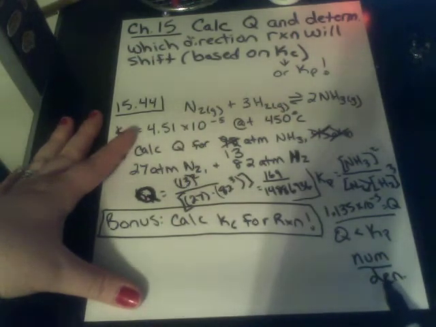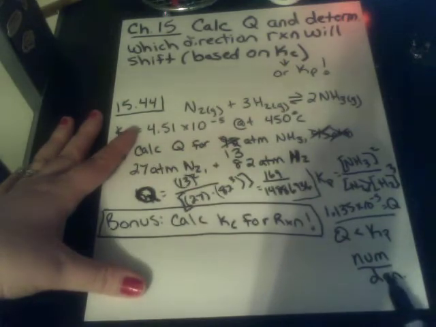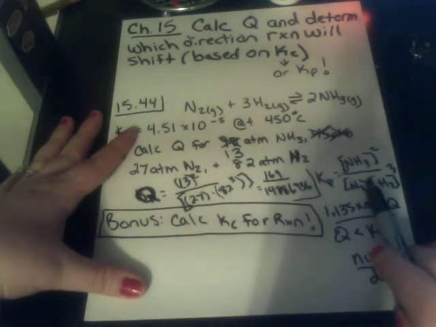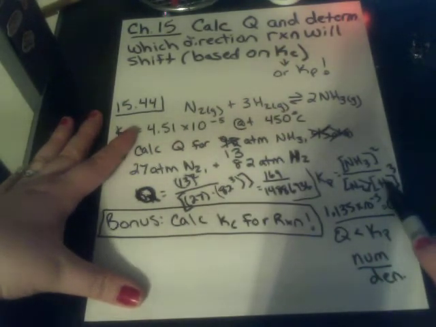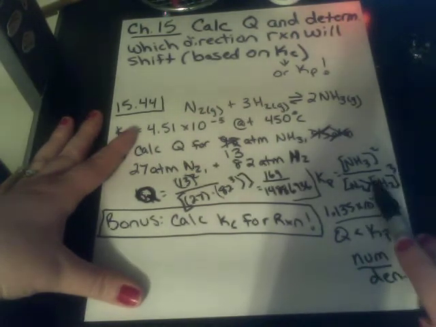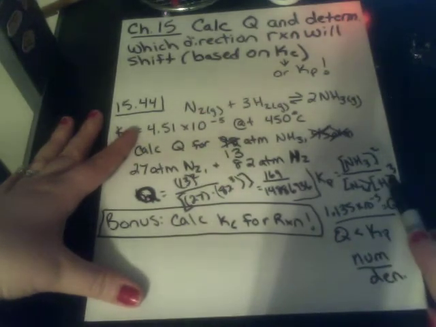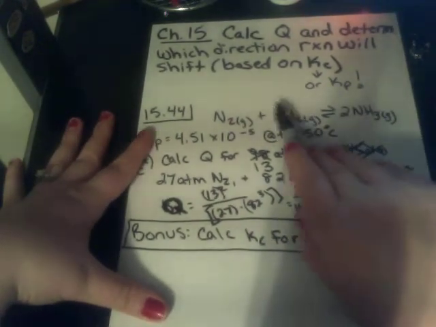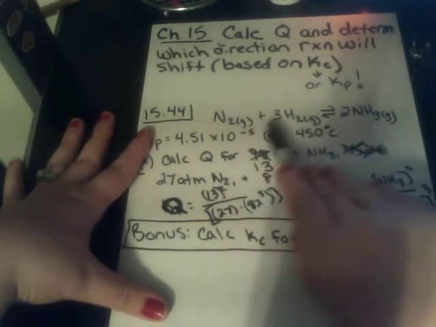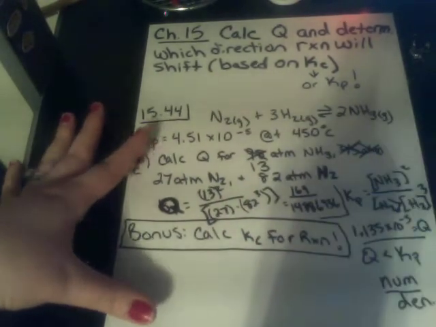The denominator is too big. You're dividing by too big of a number. So what's in the denominator? The denominator is the reactants. So the denominator's too big, so we have too many of these, which are the reactants. So which way is it going to shift? It will shift right.